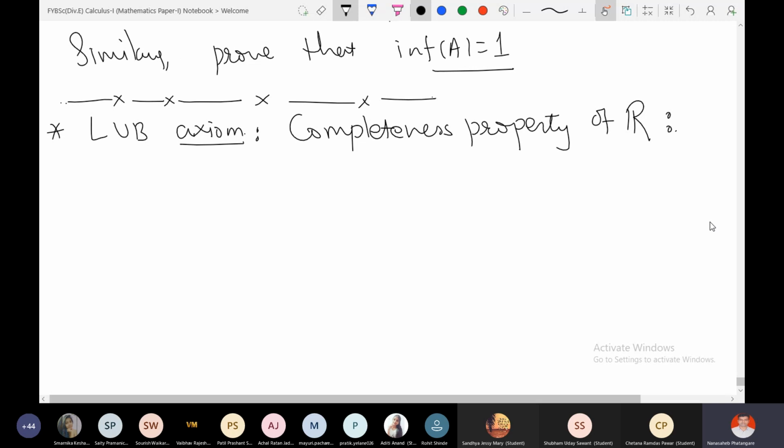Okay, so what is the completeness property or ALUB axiom, right? This is an axiom. Axiom means what? Basic assumption, basic structure.